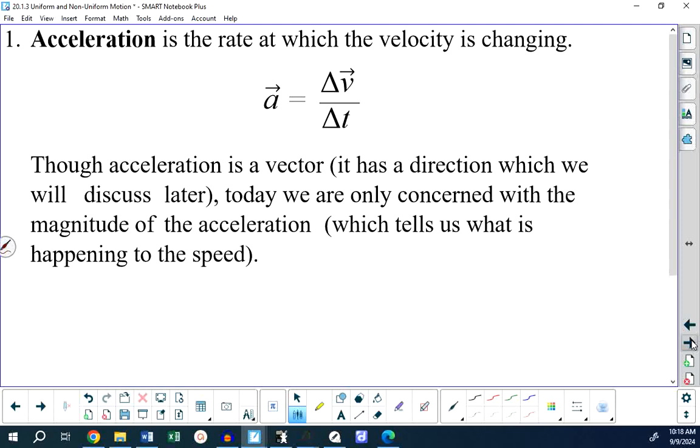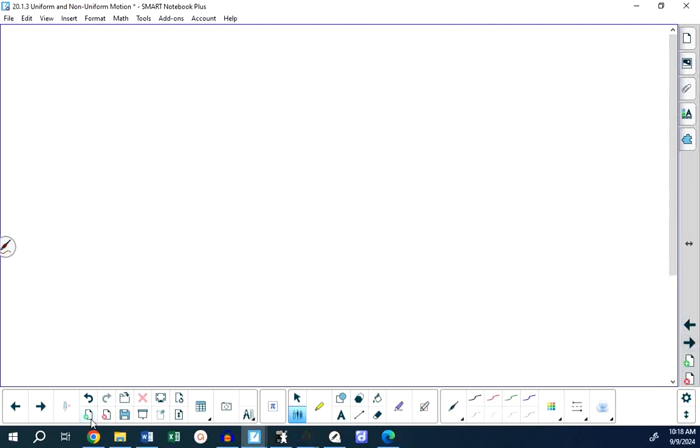Okay? We're not going to worry about that right now. So, in other words, if acceleration is a vector and it tells us what's happening to velocity, the magnitude of the acceleration is just telling us what's happening to the speed. Would you agree that when it comes to these two things, they are different?